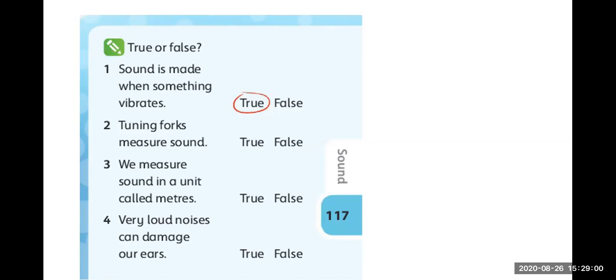And question 4: Very loud noises can damage our ears. Especially if it is over 160 decibels, of course it can damage our eardrum, and it will be true. As homework, you will find what the measurement of sound is and what the unit of sound is. In the next lesson you will answer.